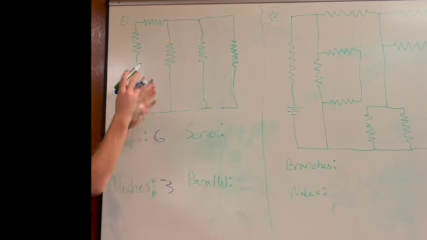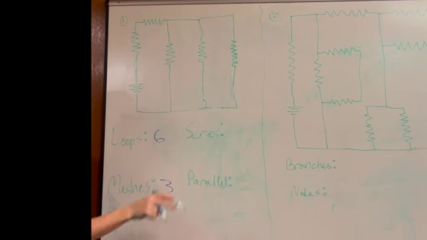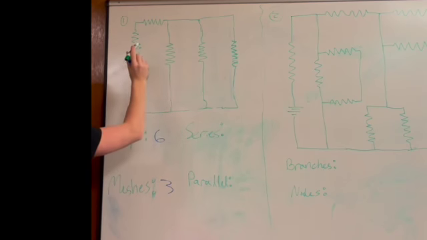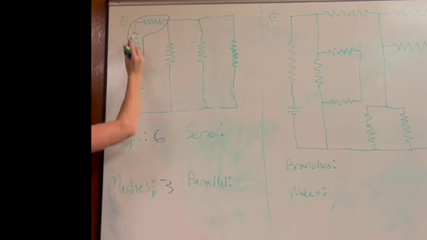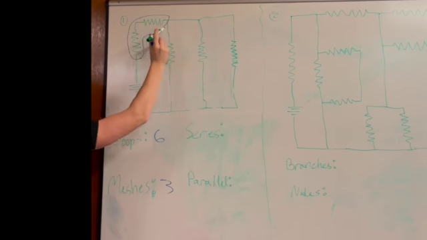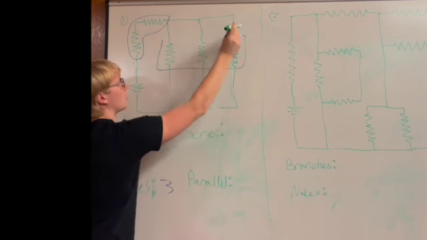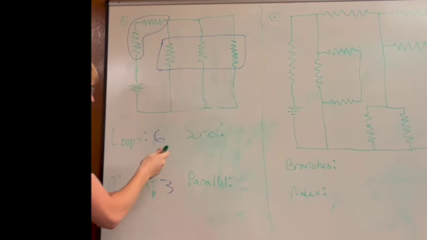They're in the same field. So there's only one series in here, and there's only one parallel in here. But I'll show you which one's a series. So this one's a series right here because it's in line. Right? And these three are in parallel because they're next to each other, like this.